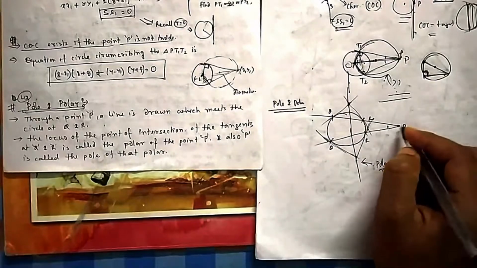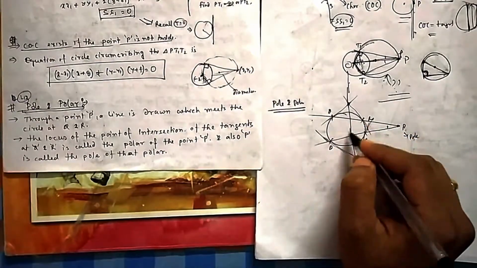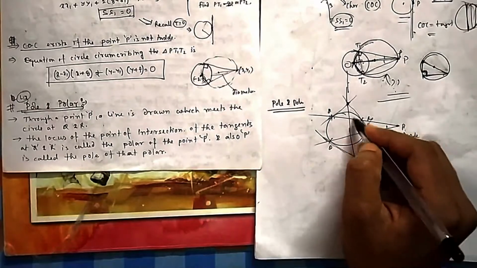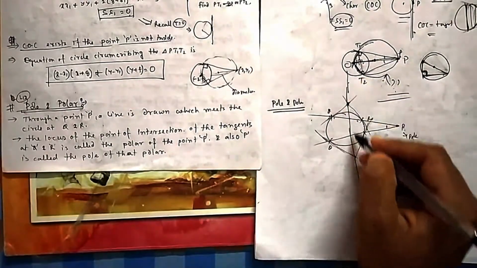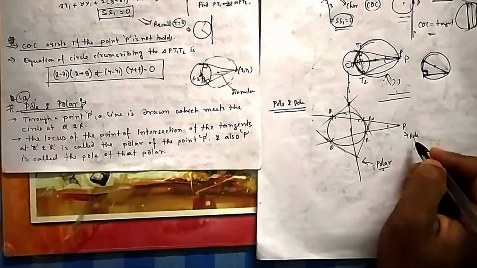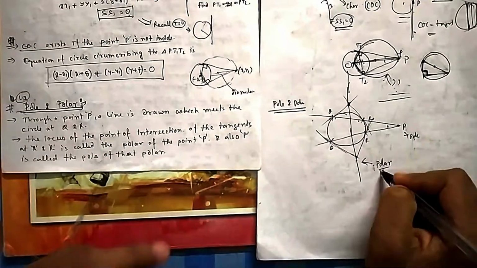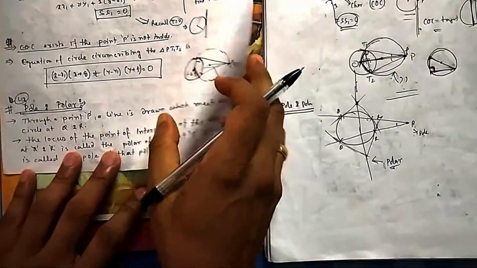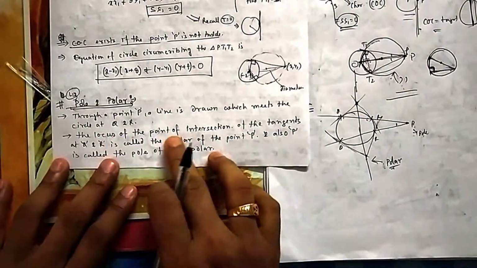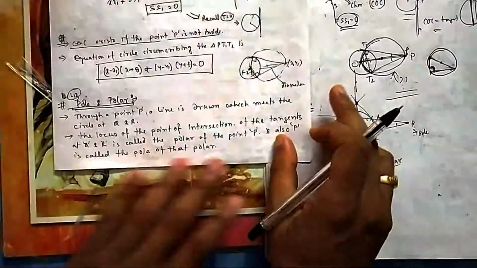So the polar of point P is this: whenever a line cuts the circle in 2 points, you draw tangents at those points. When they intersect, the locus of that intersecting point is the polar of that point, and that point is known as the pole of that polar. So this is written here. Through point P a line is drawn which meets at Q and R. The locus of the point of intersection of the tangents at Q and R, it can meet anywhere.